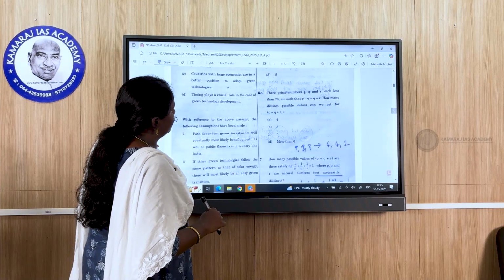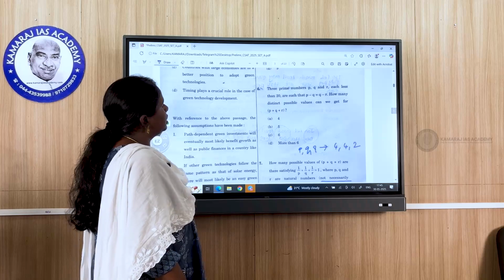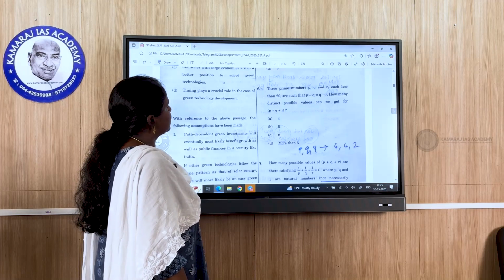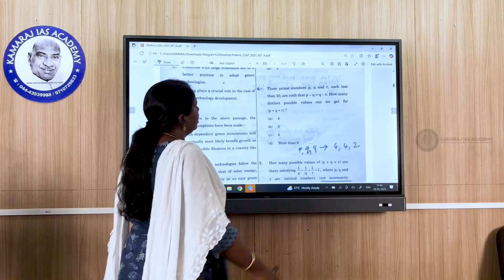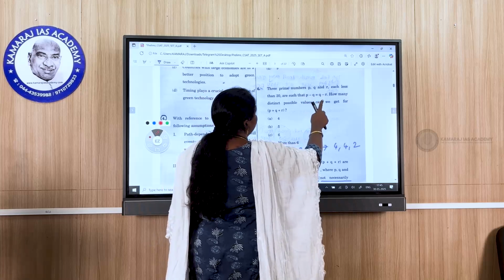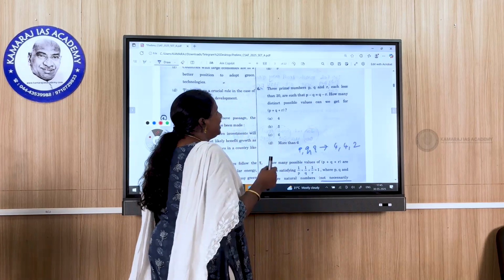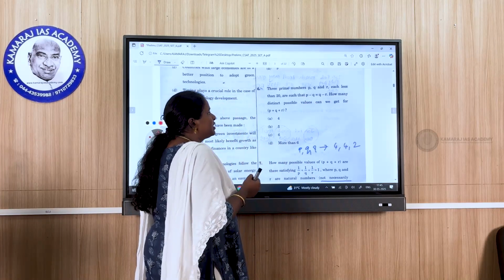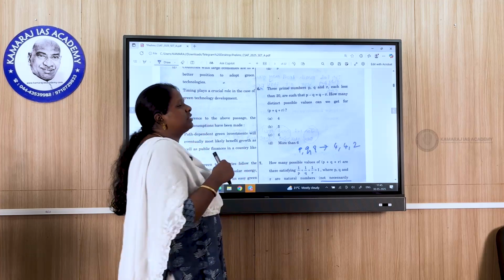Next. 3 prime numbers P, Q, R, each less than 20, are such that P minus Q is equal to Q minus R. How many distinct possible values can we get for P plus Q plus R?